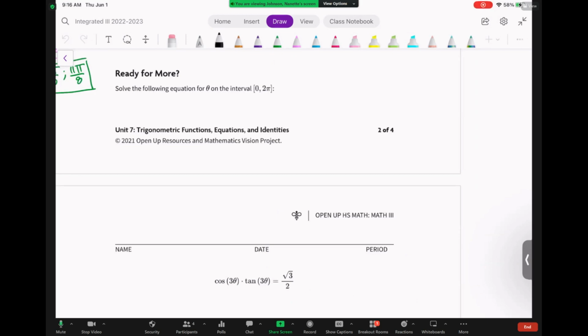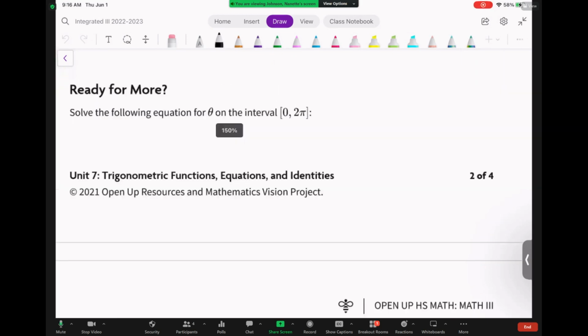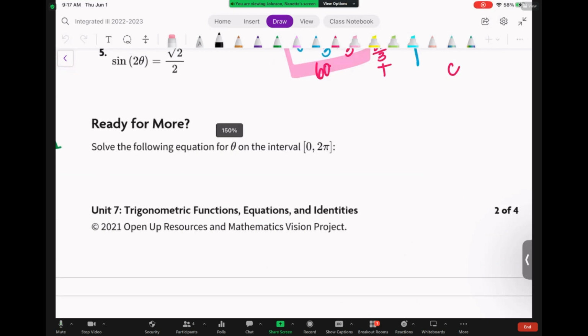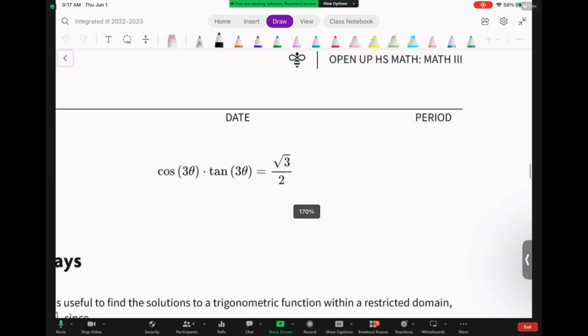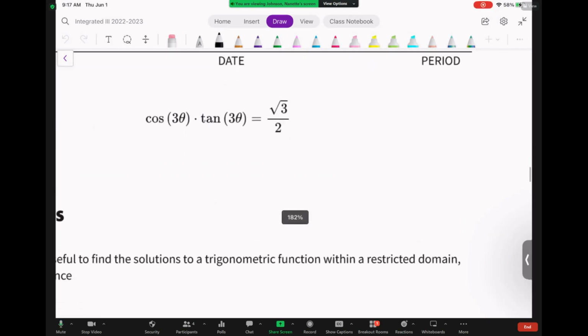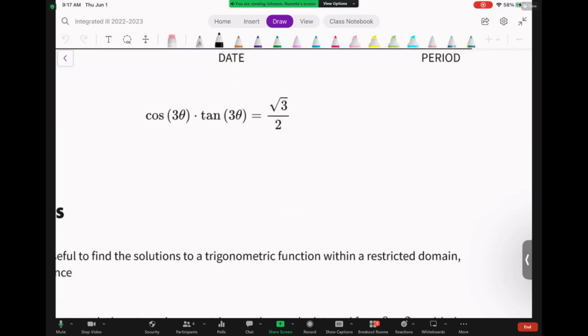It says right here, solve the following equation for theta on the interval from 0 to 2 pi. So I'm going to solve this equation on the interval from 0 to 2 pi. Whenever they say on 0 to 2 pi, that means I'm not going to add all those extra 2 pi k's or 2 pi n's, whatever variable you like.